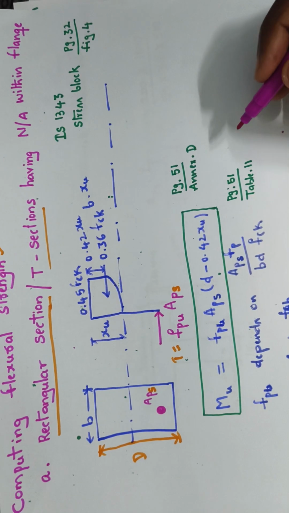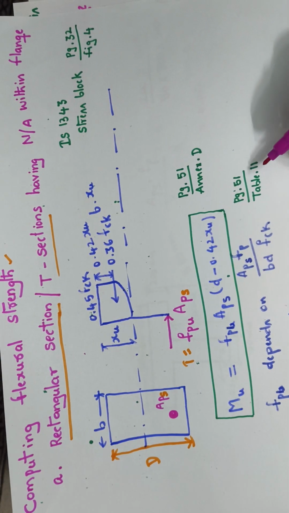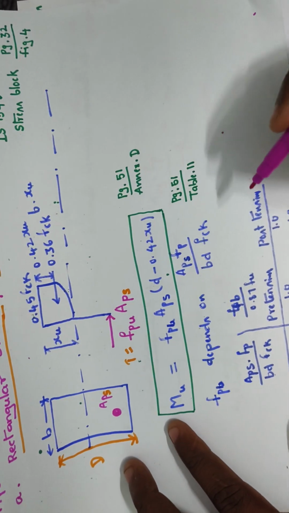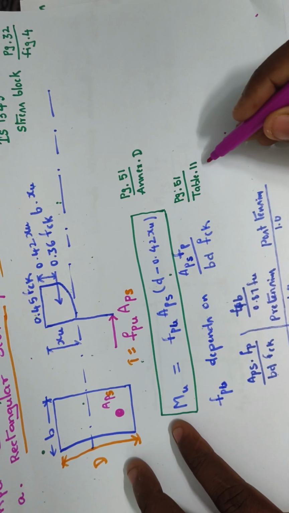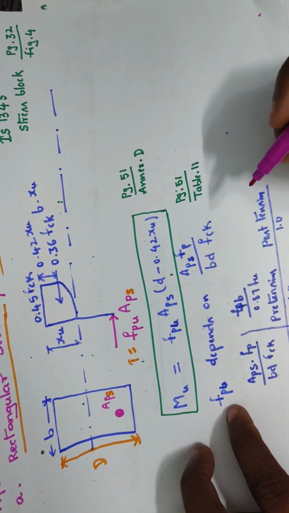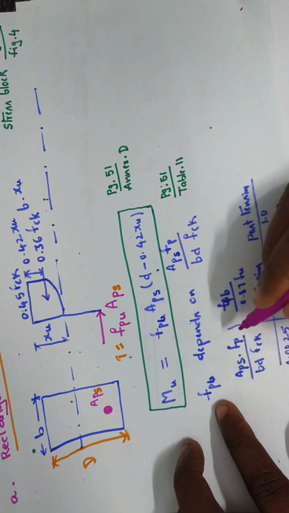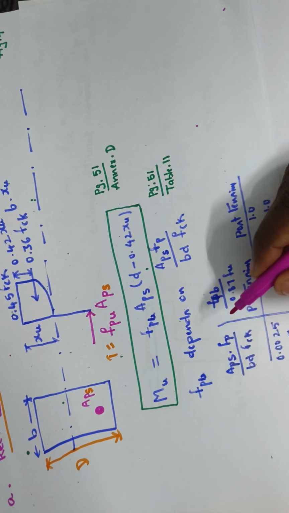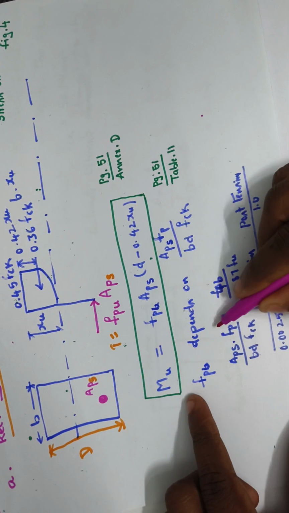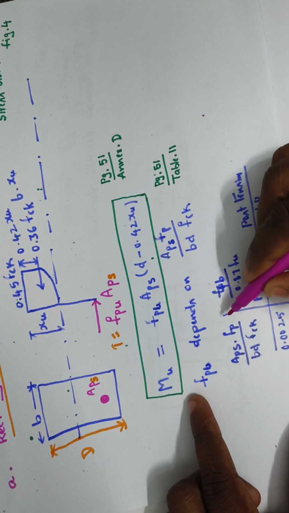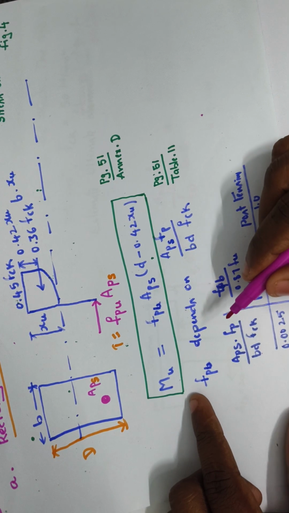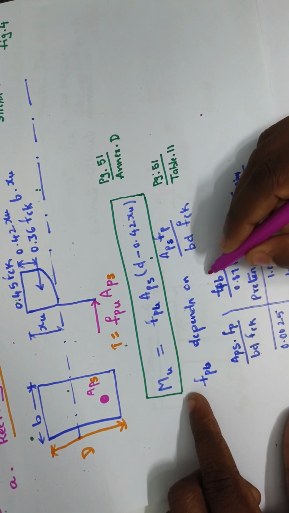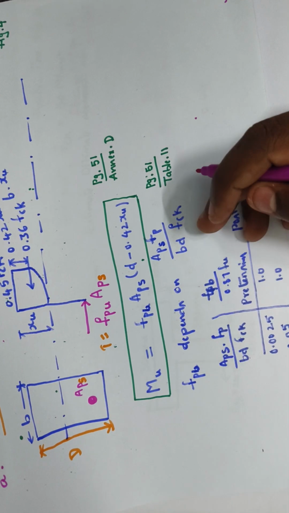In table 11, we can calculate the FPU value with the help of this term, right? It means that first we need to determine this term. Once we know this term, we can calculate the value of FPU. See, this is the table.